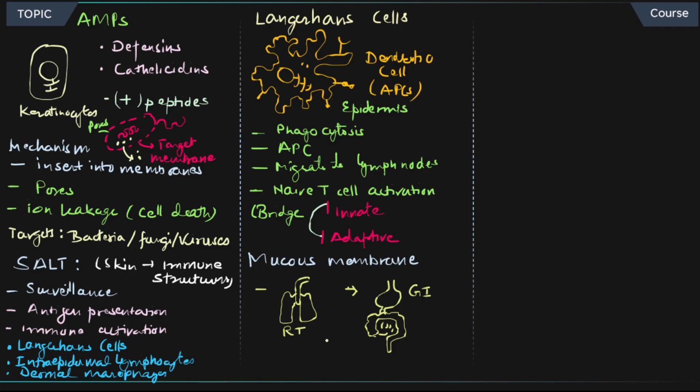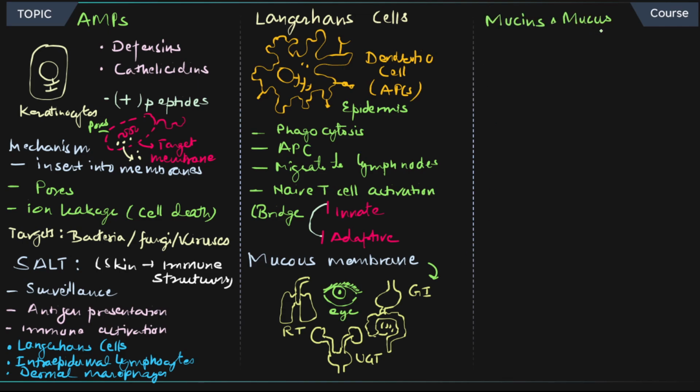Then you have another one, I hope you can guess, the genitourinary tract, where you have the genital system, and then further you have the eyes. In the eyes, you also have mucous membrane that will protect our body. These are the potential entry points from where pathogens can enter. That's why we need a more protective system.